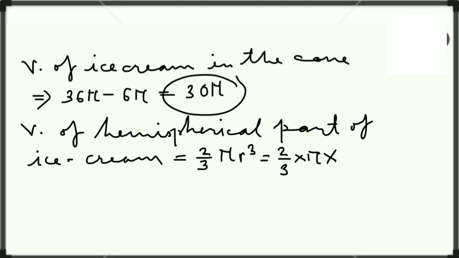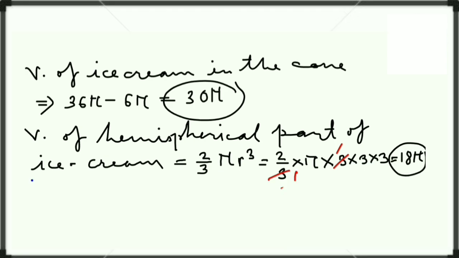So it can be written like this, 3 into 3 into 3. Now 3 ones are 3, 3 ones are 3, and here remains 3 threes are 9, 9 twos are 18. So the volume of the hemispherical part of ice cream is 18 pi.